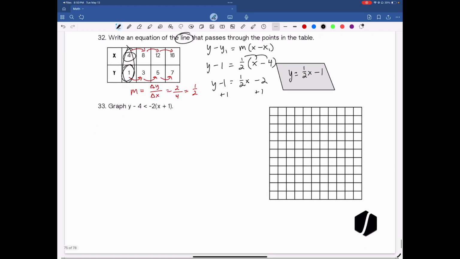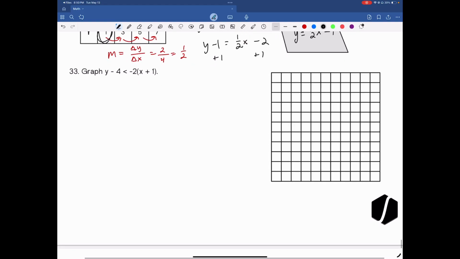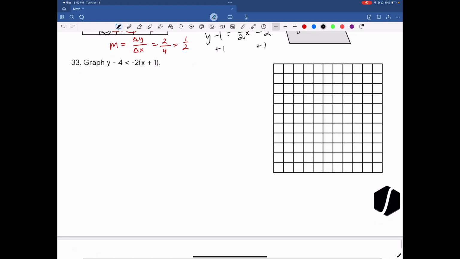All right. So they've started to like questions like number 33 because this is in the form of y minus y1 and then the slope in x minus x1. So we can actually graph this using point slope form if they give us that. So we have a point, x1 is going to be -1 because the sign changed, right?